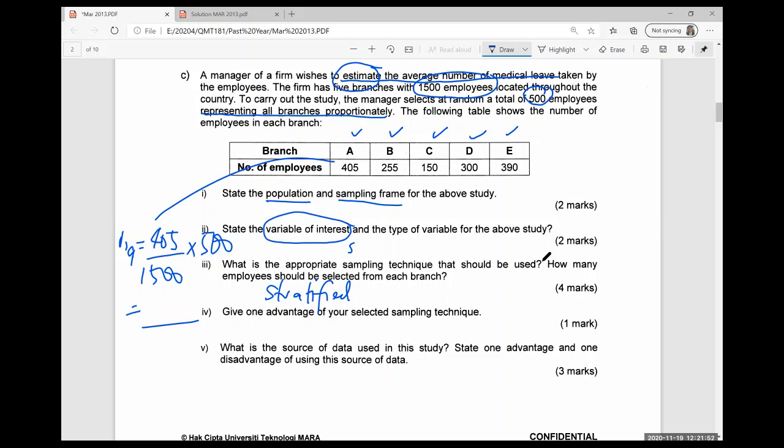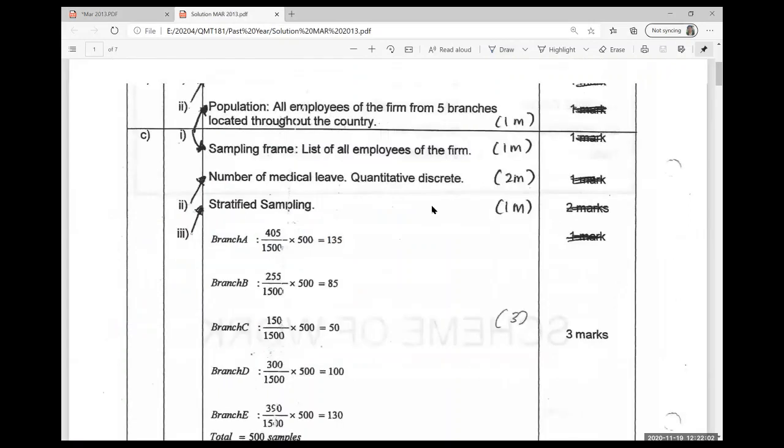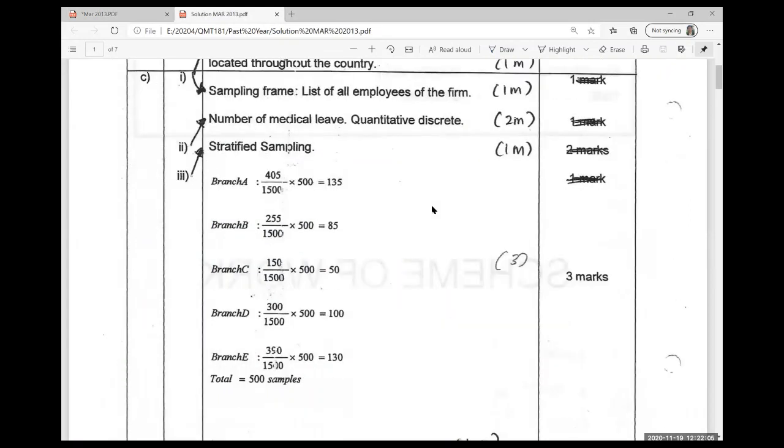You have to do this for all of the branches. So this is the answer that you're going to get for the number of samples. The sampling frame is the list of all the employees of the firm. And then the number of medical leave days will be quantitative discrete.